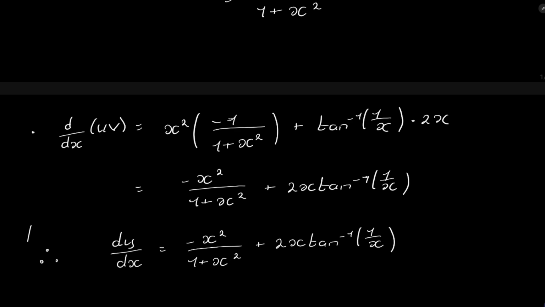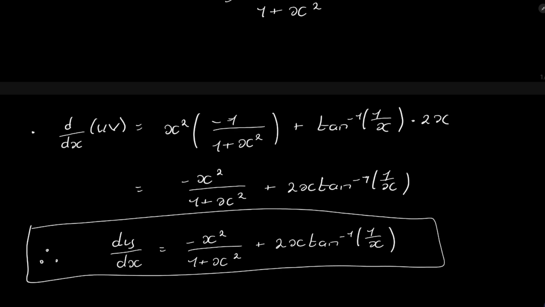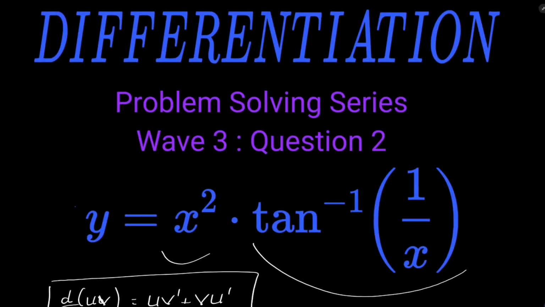We encase or box our answer. So this is the derivative of the function y equal to x squared times tan inverse of 1 on x.